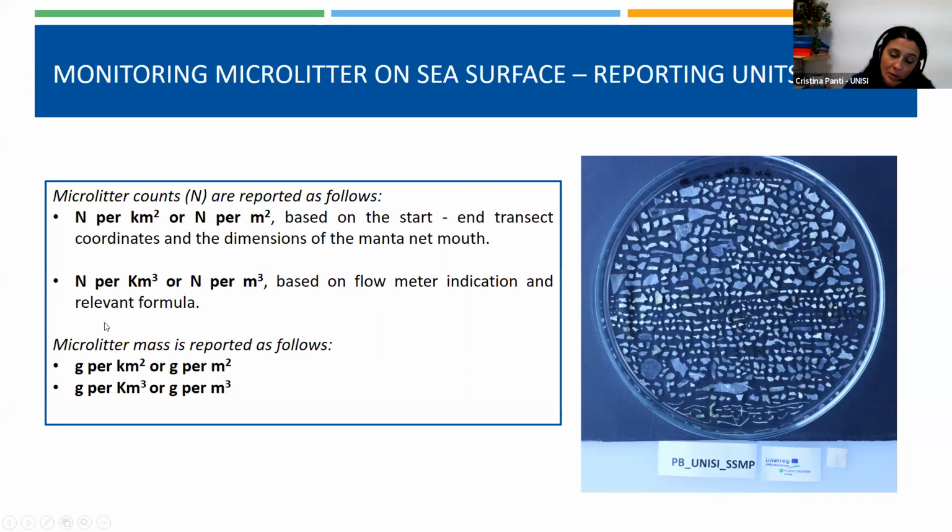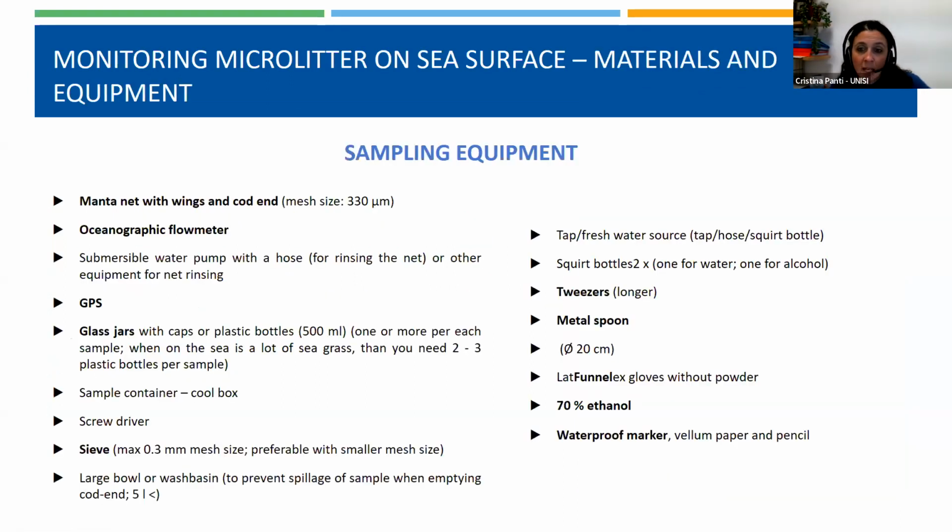Additionally, you can also report the microlitter per mass, normalizing the data to the area or to the volume. So here you can see an example of a petri dish with isolated microplastics coming from a manta net sample.